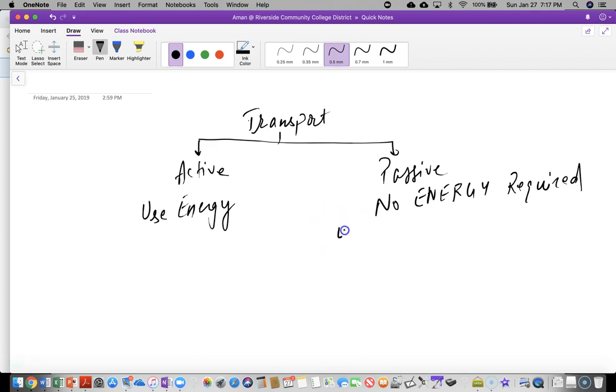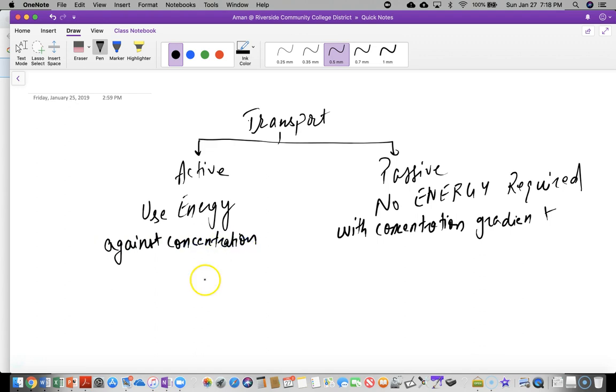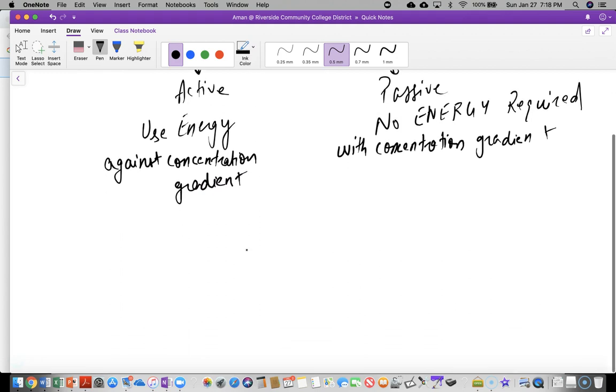So now you can tell that the active transport, on the other hand, is going to be opposite. It actually goes against the concentration gradient.